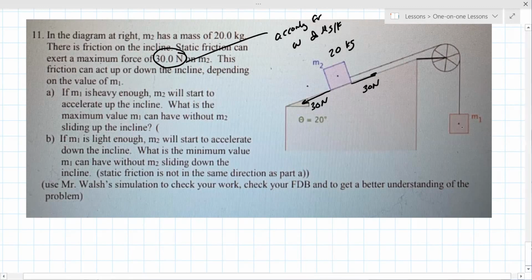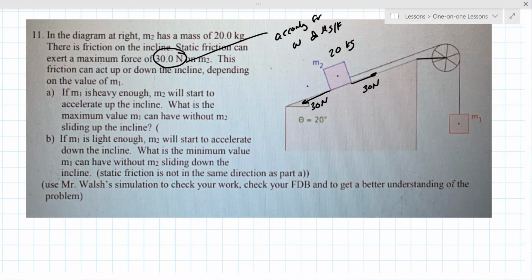Well, there's a value of M1 where this thing doesn't move. If M1 is lighter than that, it will come up, and if M1 is heavier than that, it'll come down. So we're trying to find that sweet spot. All right. So that's what we're looking for.